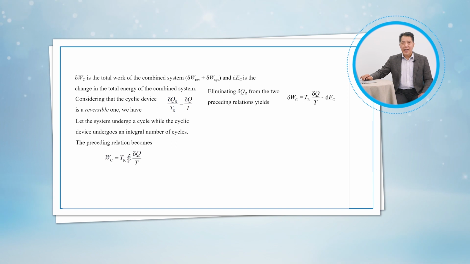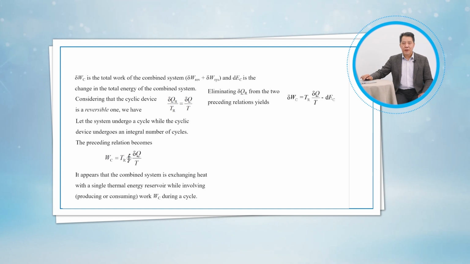Let the system undergo a cycle while the cyclic device undergoes an integral number of cycles. The preceding relation becomes the following. It appears that the combined system is exchanging heat with a single thermal energy reservoir while involving work WC during a cycle.